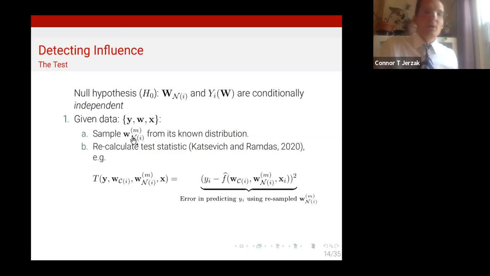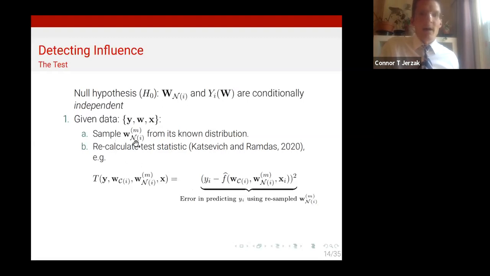We could permute the values associated with people in that testing set, scramble them, and see whether things change. The framework here won't be doing that. Instead, we're going to be drawing this quantity again from its known distribution, like we were rerunning the experiment.